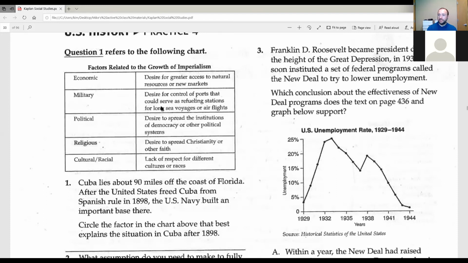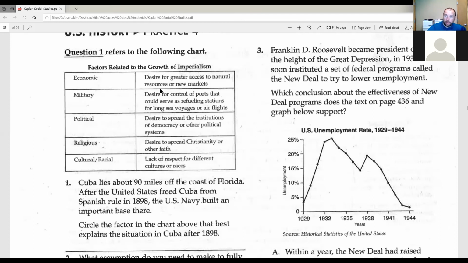So the reason why Hawaii was sought after, Guam, I'm drawing a blank, but basically like islands in the South Pacific. And the reason why so many of those islands were controlled by other countries was exactly that reason.